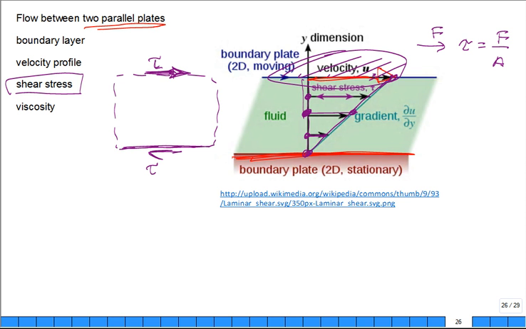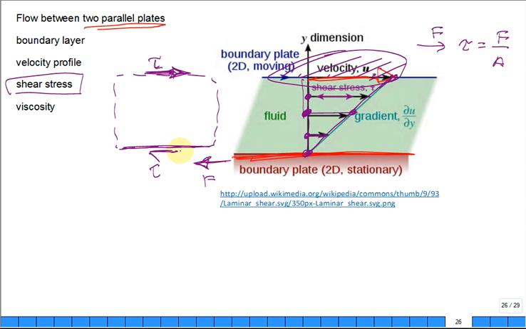If there wasn't something holding the bottom plate back, then it would actually be dragged along with the fluid. The fluid viscosity would want it to move to the right, and it would go to the right. True? Okay. So you have a force holding it back to the left, and that translates into a force per unit area as shear stress.